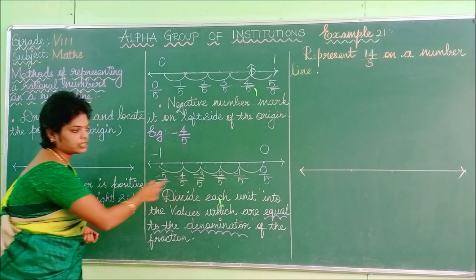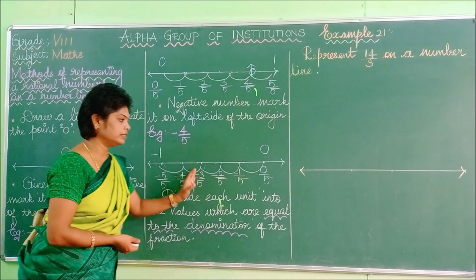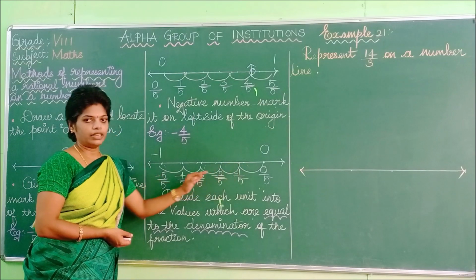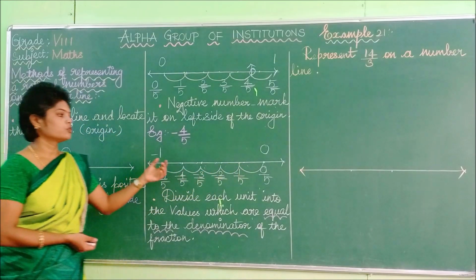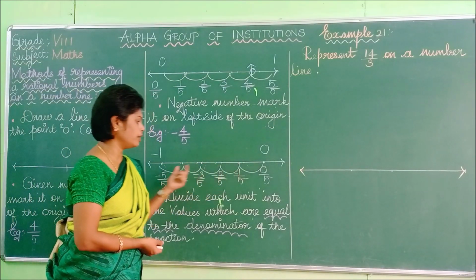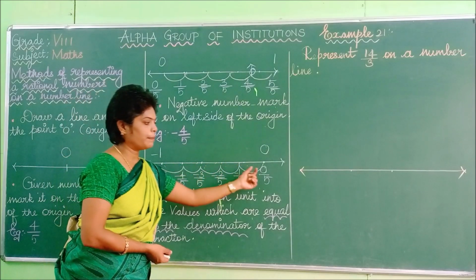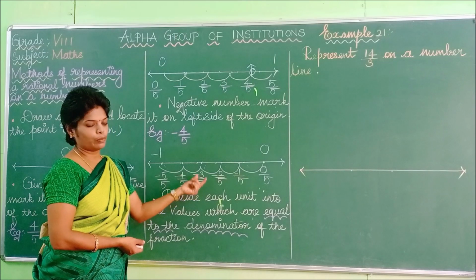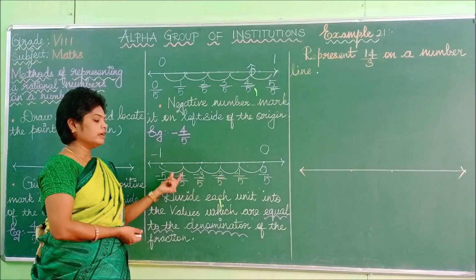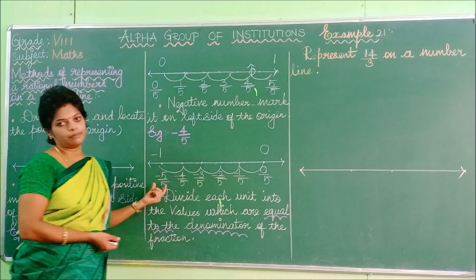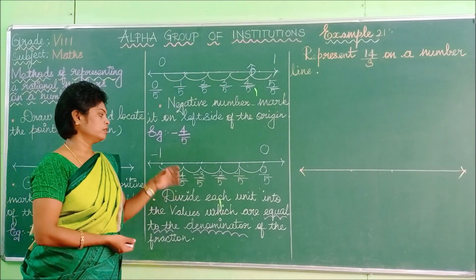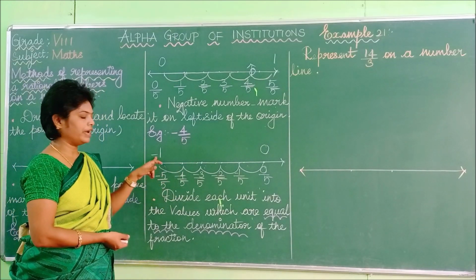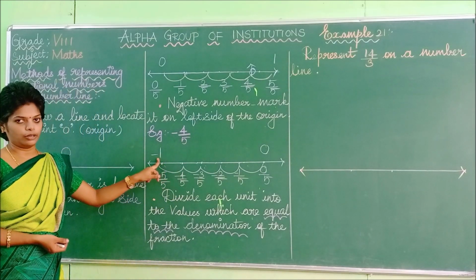The denominator is 5, so we are dividing this number line into 5 portions. It lies in between 0 and -1. And -5/5 again gives the value -1.